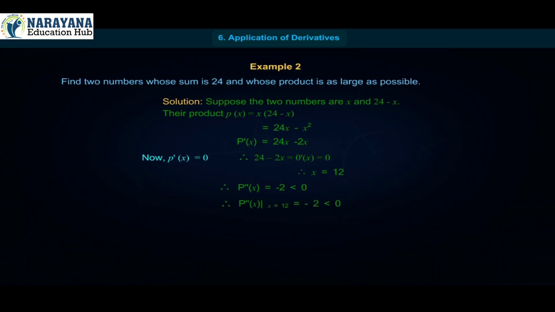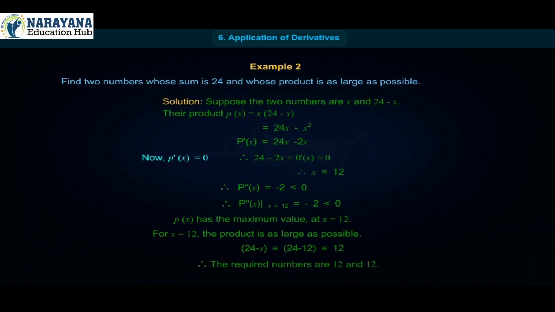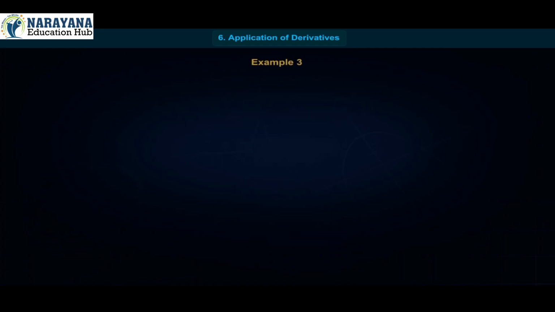Therefore p double dash of x at x is equal to 12 is equal to minus 2, which is less than 0. P of x has the maximum value at x is equal to 12. For x is equal to 12, the product is as large as possible. 24 minus x is equal to 24 minus 12 is equal to 12. Therefore, the required numbers are 12 and 12.